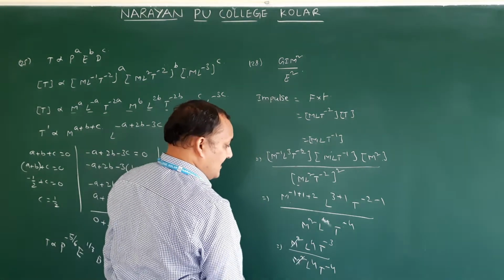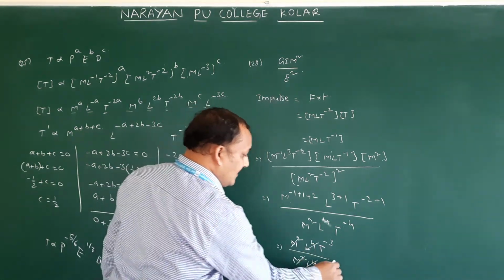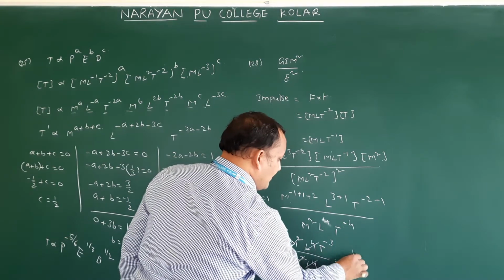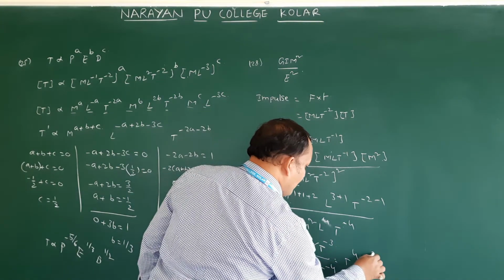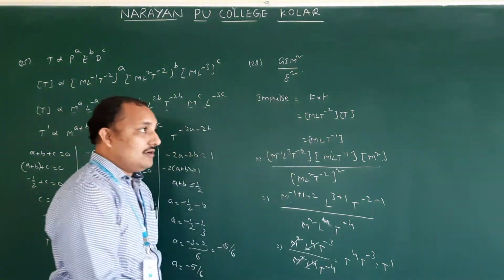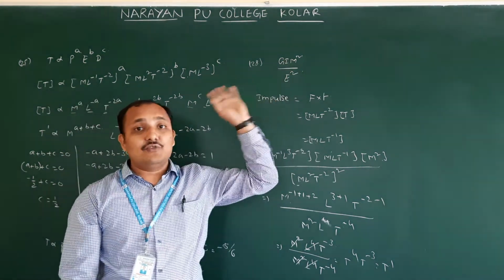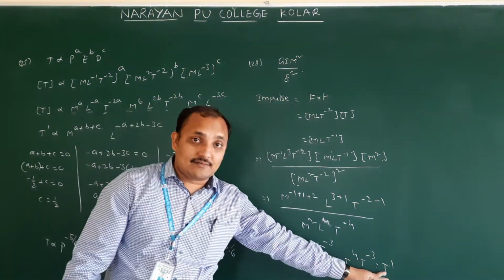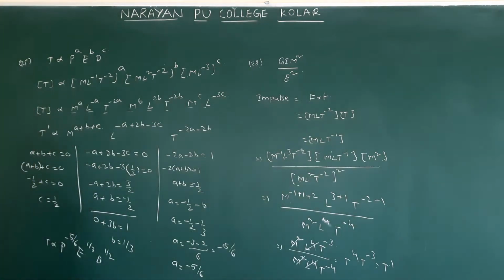M square will be cancelled. L power 4 will be cancelled. T power 4 is going to the numerator, 4 minus 3 is 1. So now this total equation is going to represent time. Therefore G I m square by E square is representing time.